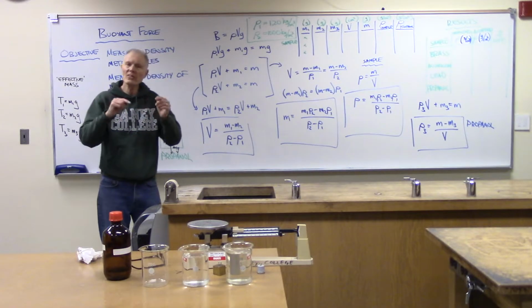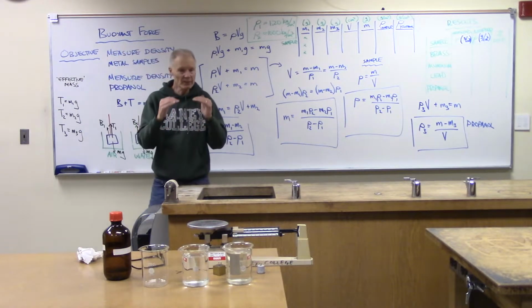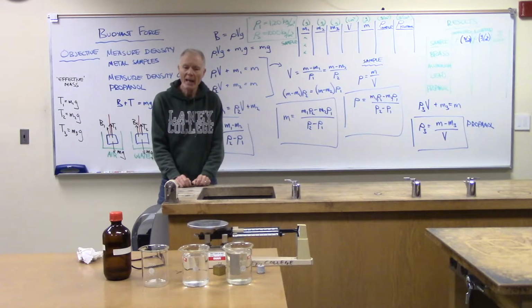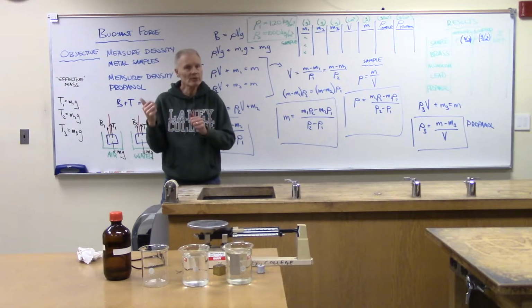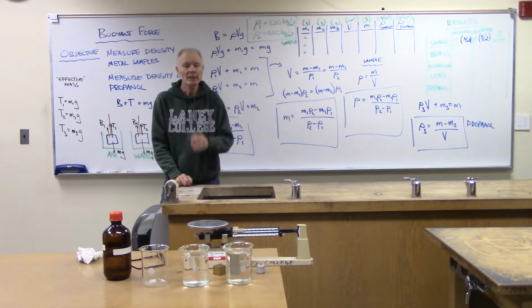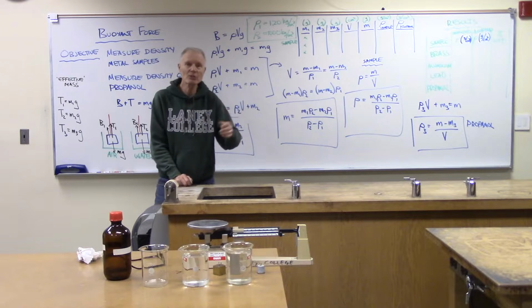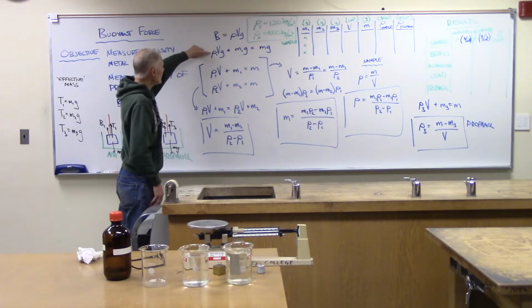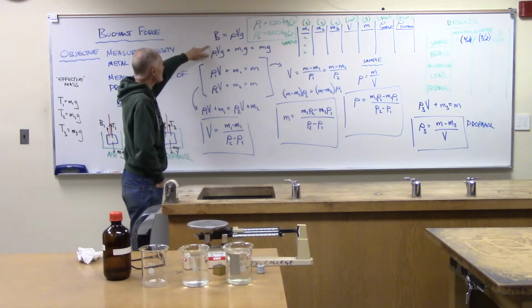Okay, so the M1s and the M2s and the M3s are the numbers that we're going to be reading off of the balance, and they're not the actual mass of the object. They're referenced to the tensions that we'll measure in each of the three different fluids, 1, 2, and 3. So in fluid number 1, this is what the formula looks like.